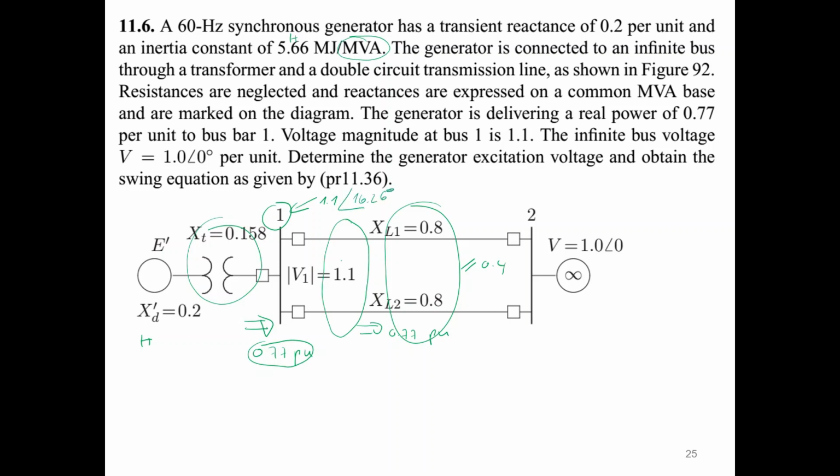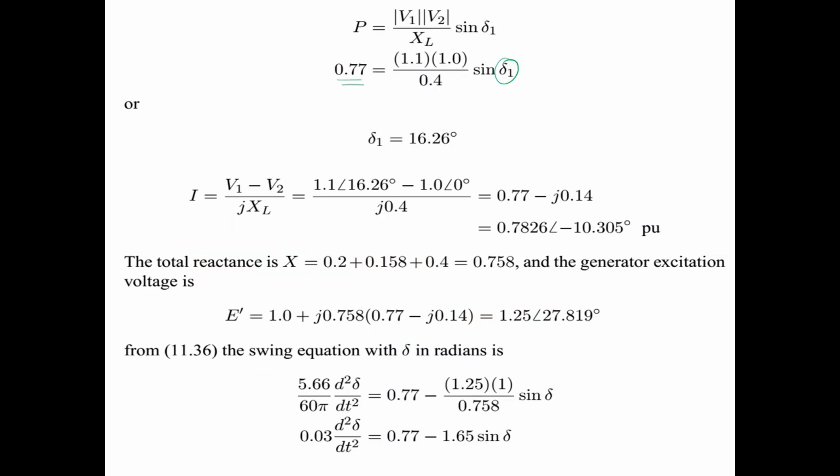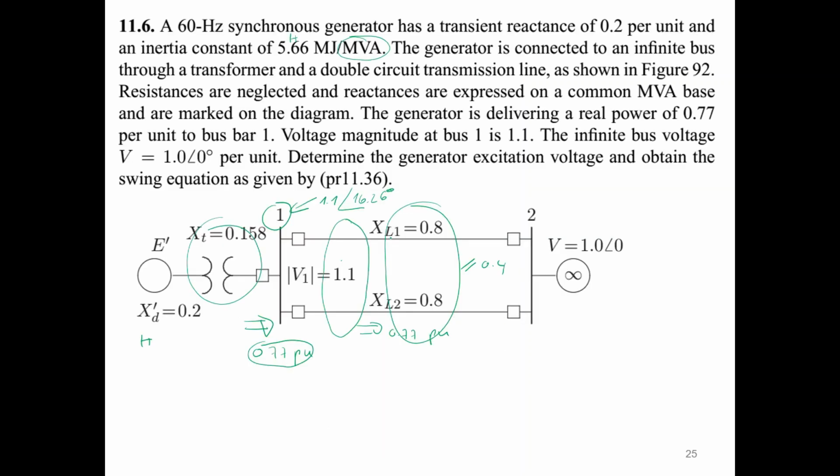16.26. Now what can we do next? We determine the current. So after you know the current, you can map the relationship between this and the voltage here. You know the current because of the angle difference between these two.